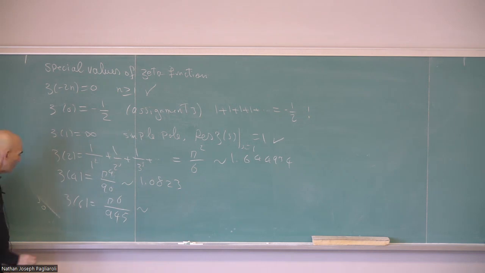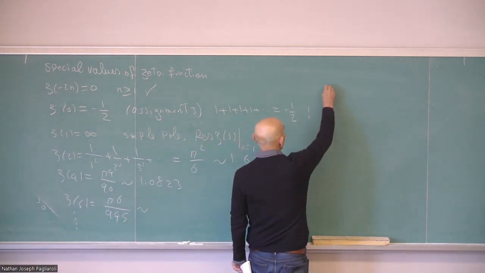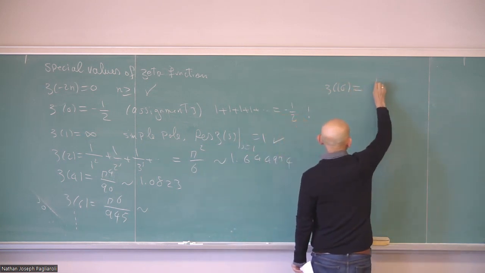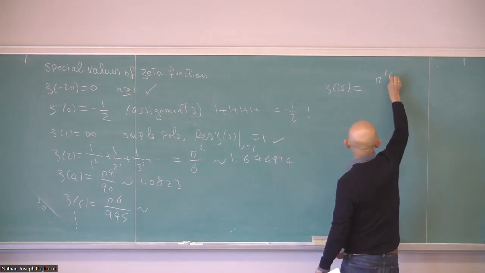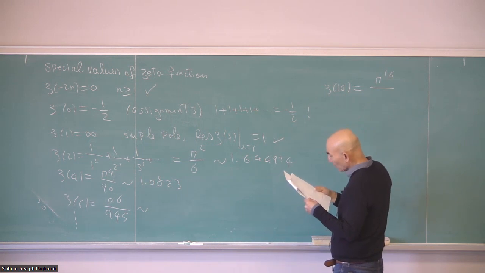And then we move on. Euler continued up to zeta of 16. So he showed that this is, yeah, he calculated it, it's not just pi to the 16.